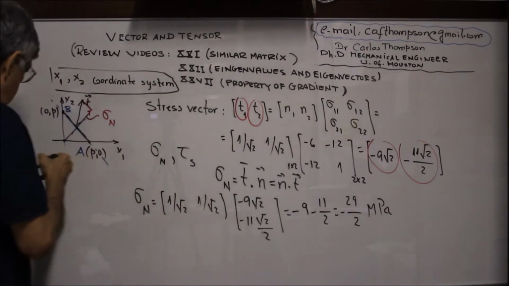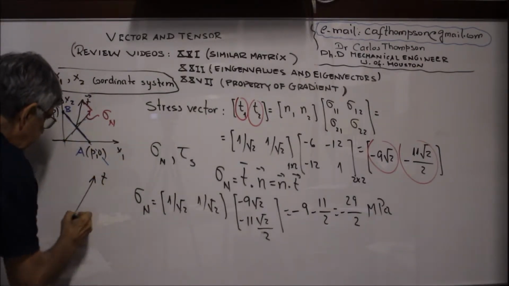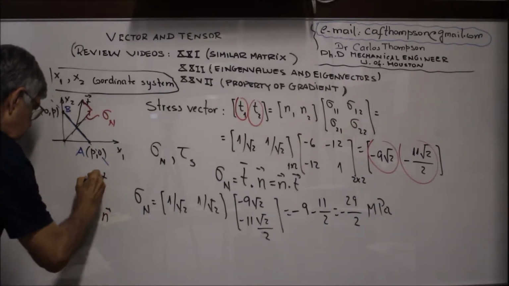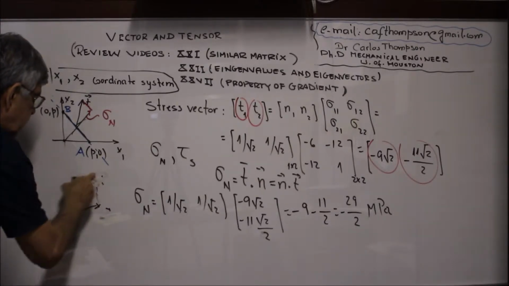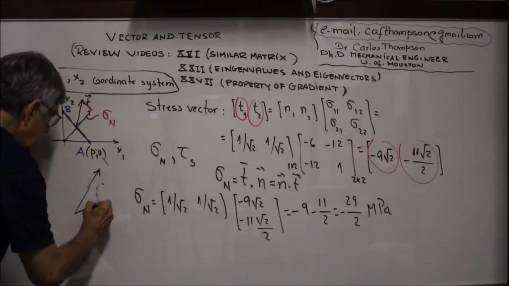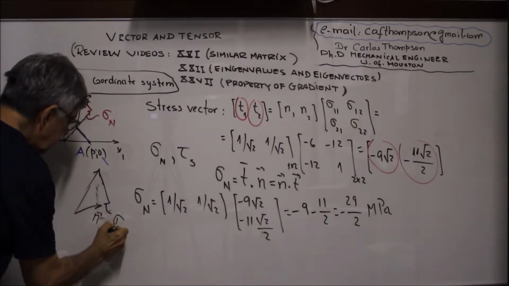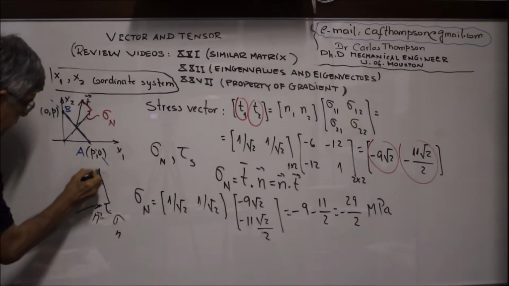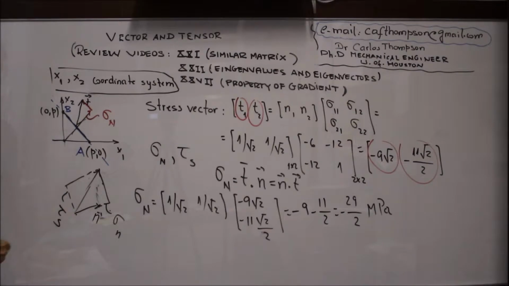Now, look, here we have T, then you have N, see? Now you project T here. So this is T, this is N. So this here will be sigma N. You see now, if you project here, this will be tau shear, okay, on the surface.